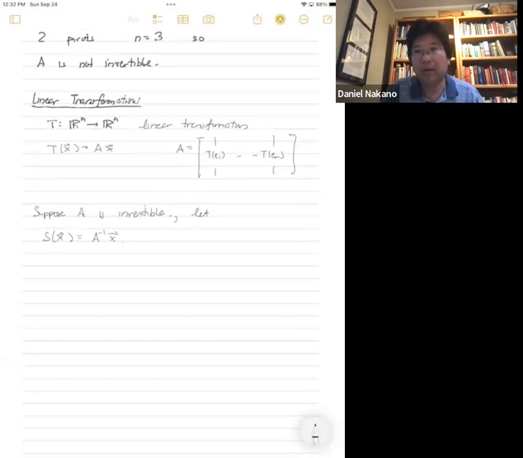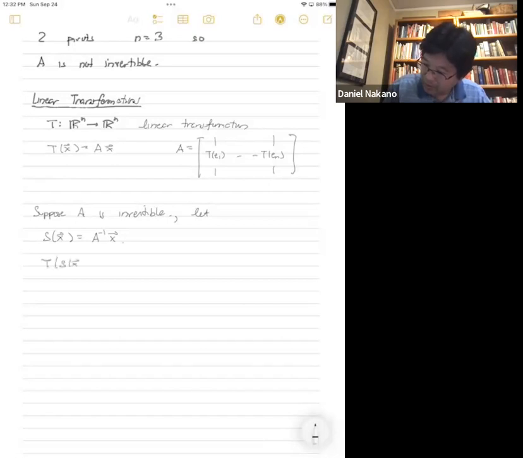Since A is invertible, A inverse exists, and then I could consider the linear transformation S of x by just applying A inverse times the vector. And let's just try composing the two. So T on S of x, this is T on A inverse of x. Well, this is going to be equal to A times A inverse on x. And A times A inverse is the identity, so I just get x back again.